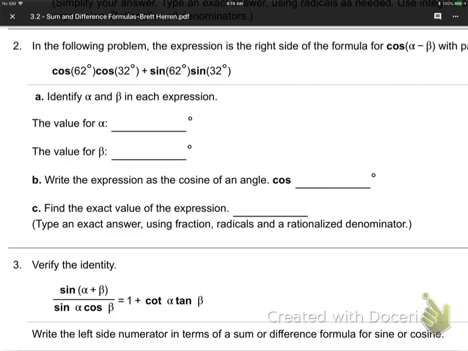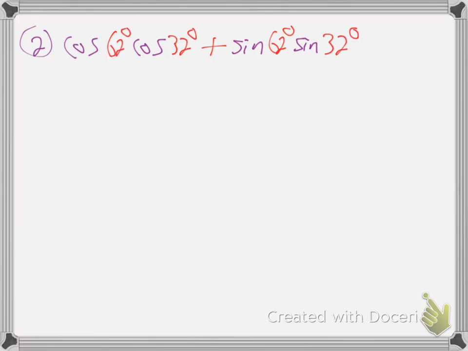They're wanting me to look at that thing and say, hey, can you work that backwards? Do you see that basically that is the right side of one of these formulas, and they want me to go backwards to the left?